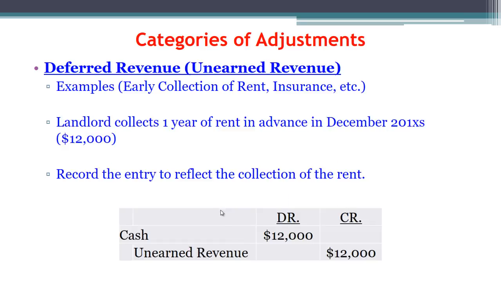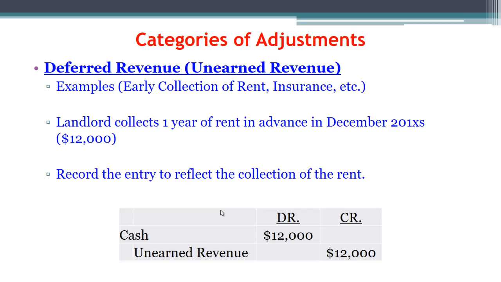So now let's talk about deferred revenues. Here we have a situation where we received money in advance of when we actually earned it. So early collection of rent, early collection of insurance. Here we are on the receiving side. We are a landlord. We've collected 1 year of rent in advance, $12,000. So the first journal entry here is to record the collection of the rent.